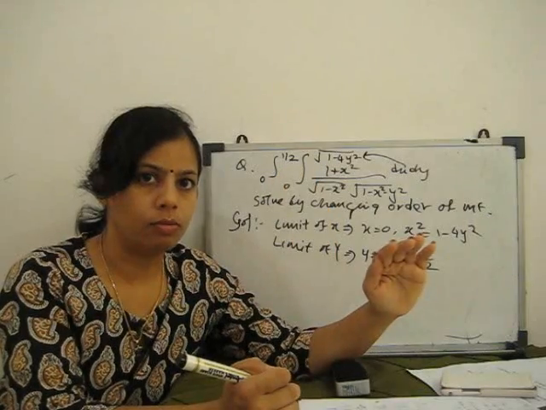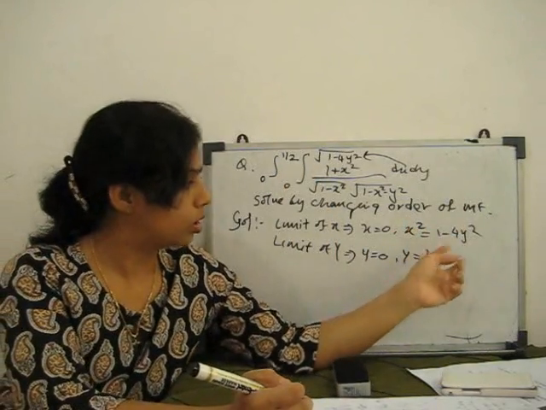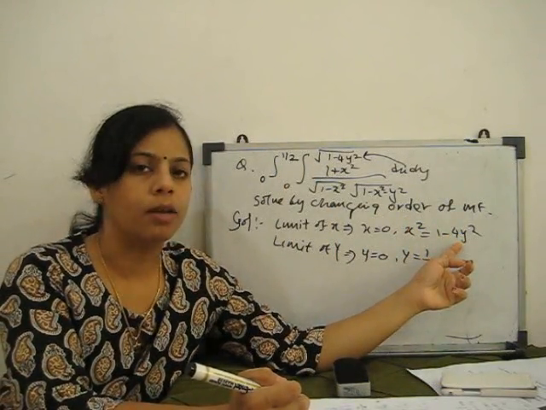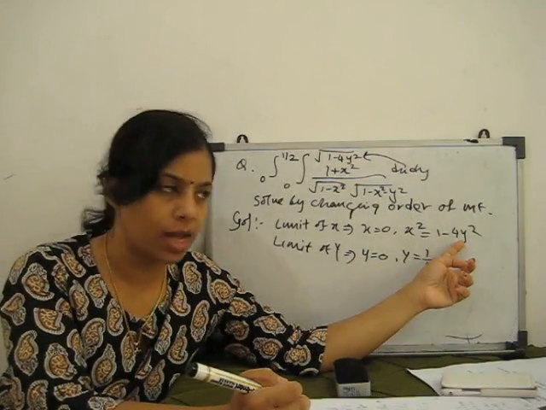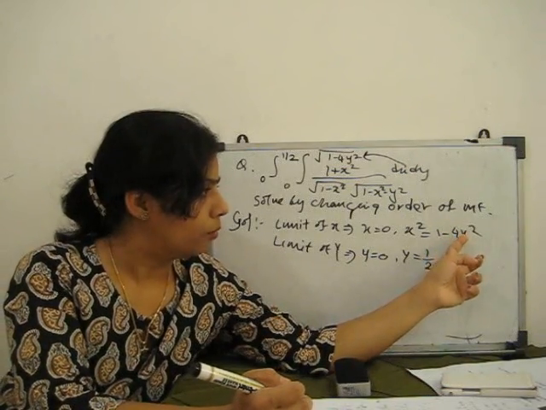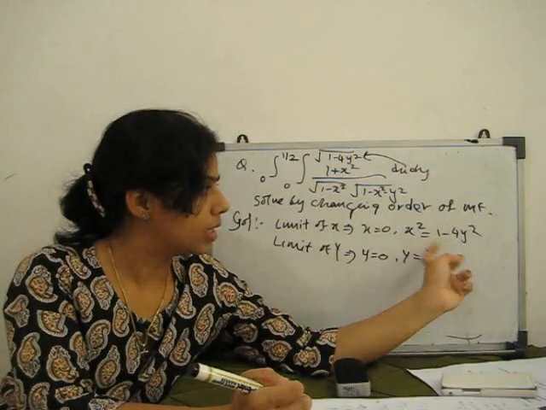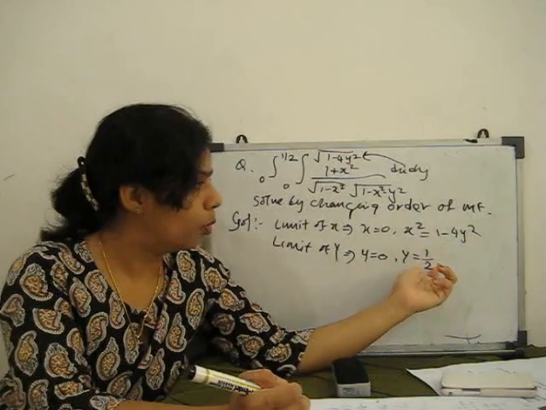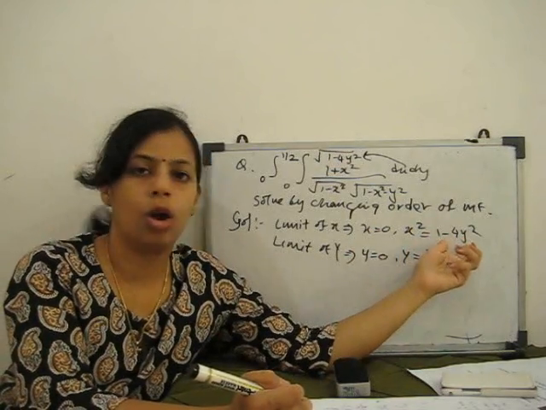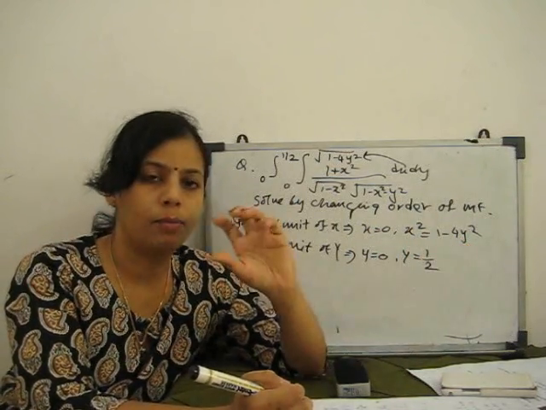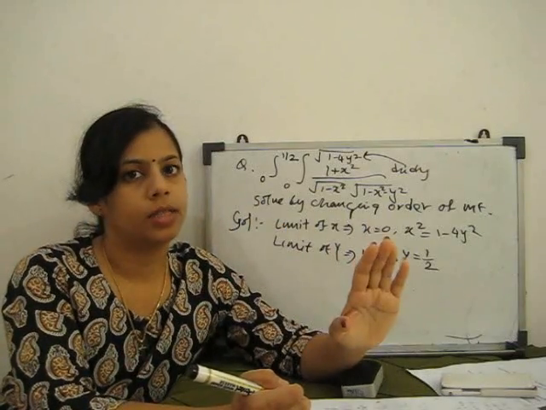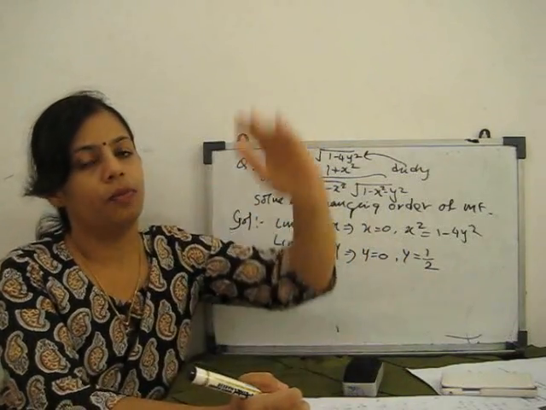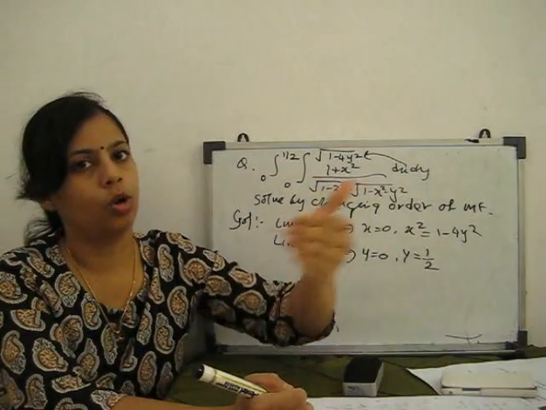So next, when you put y is equal to 1 by 2, 1 by 4 means 1 minus 1, x gives 0. Means with both limits, one point is 0, another point is 1. Means x varies from 0 to 1.